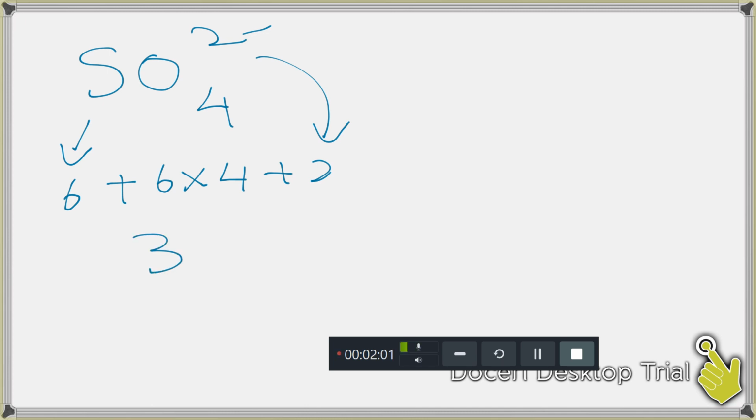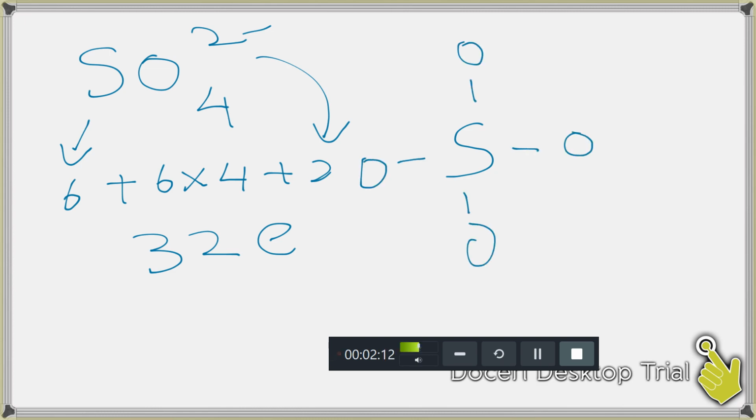You have 32 electrons. And then you write S, O, O, O, O, and then you write the valence electrons, 1, 2, 3, 4, 5, 6.